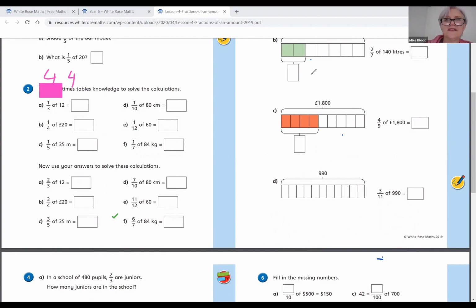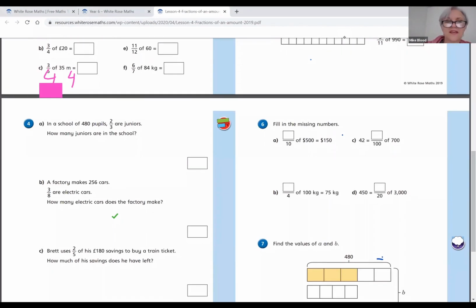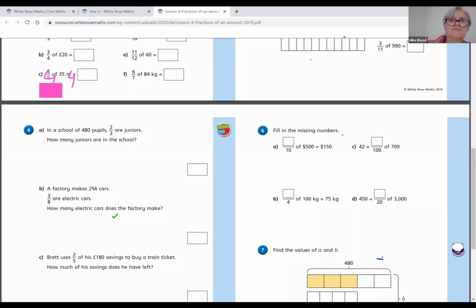Okay, so let's look at the next page. In a school of 480 pupils, 2/3 of them are juniors. So how many juniors are in the school? We need to work out what 2/3 of 480 is.